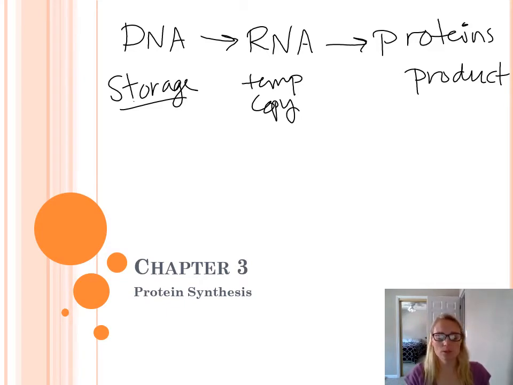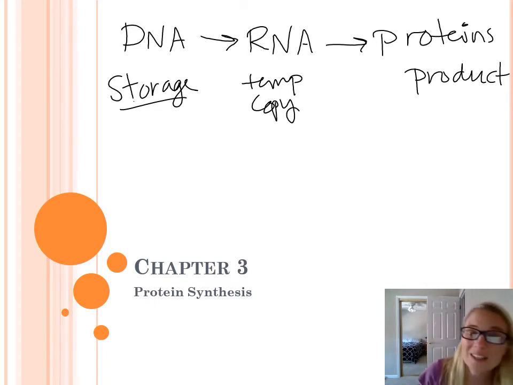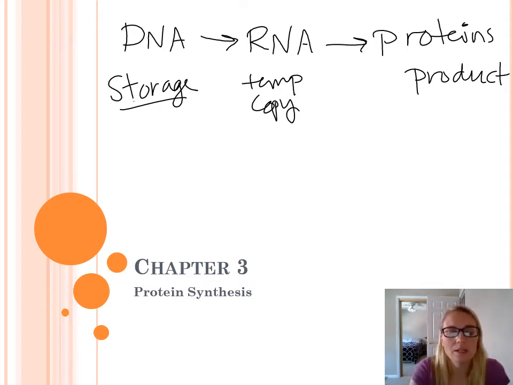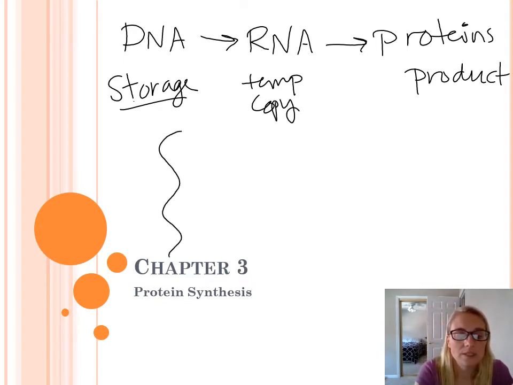Let me use hemoglobin, right? So we should be comfortable or may have heard that hemoglobin is the protein that's inside of our red blood cells that carries our oxygen. So hemoglobin is a protein. It's a product. Well, how do we get there? So just very schematically, before we jump into the details, let's say we have a piece of DNA.